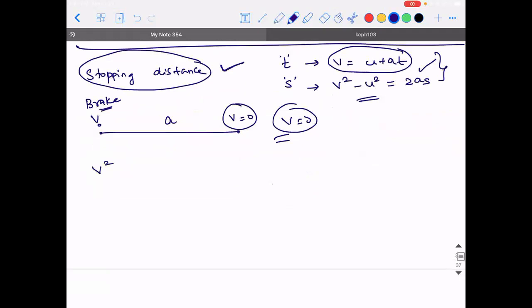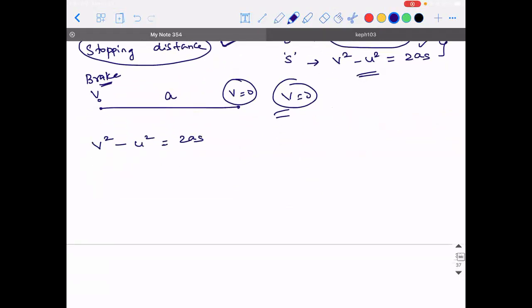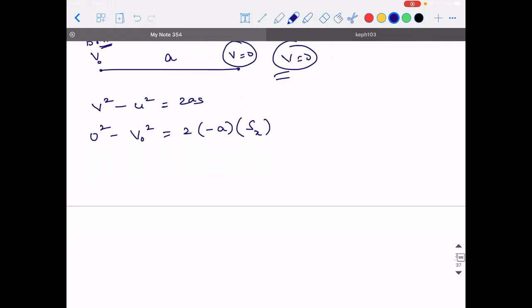So can I write V square minus U square is equal to 2as? What is the value of V? 0 square minus, what is U square? V naught square is equal to 2 into acceleration of the object, which is minus A, into displacement of the object, which is Sx or whatever. I don't know what they have asked.